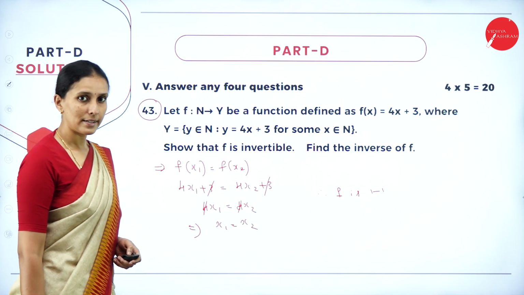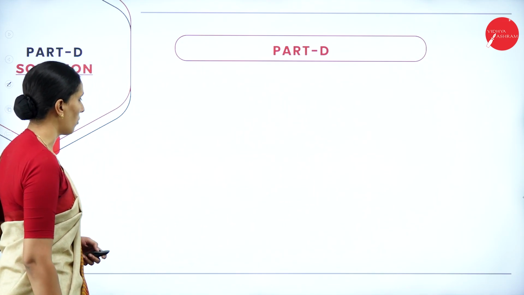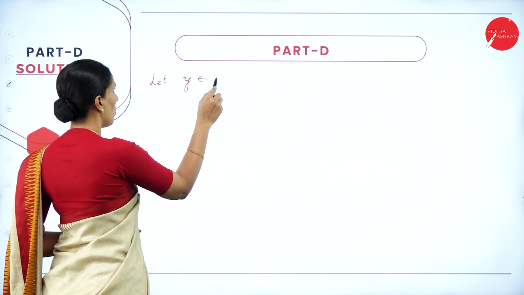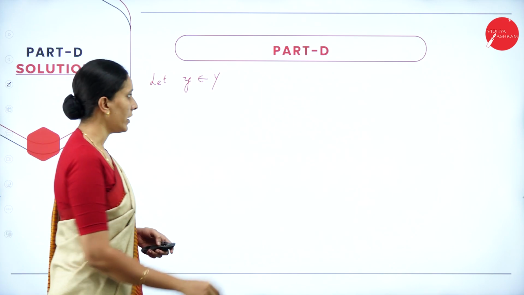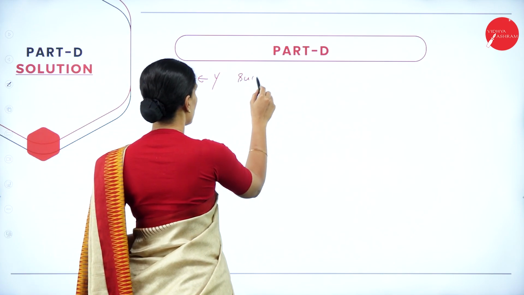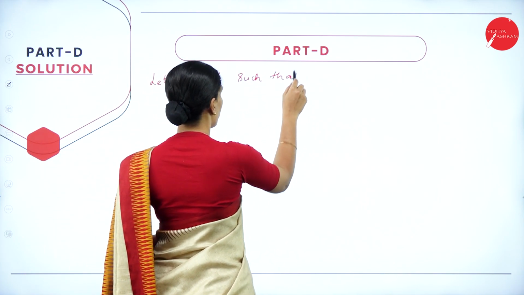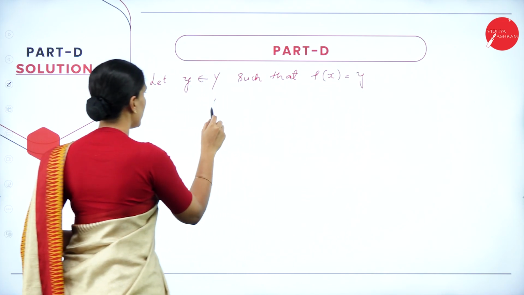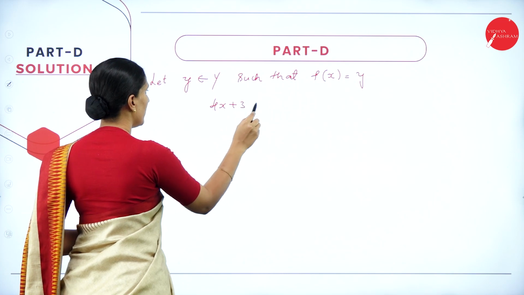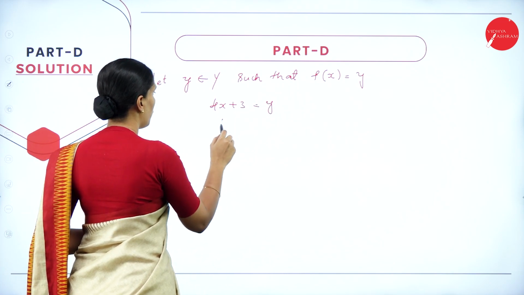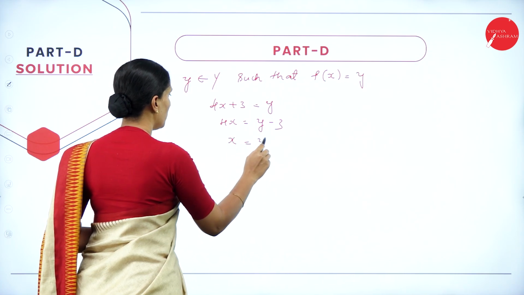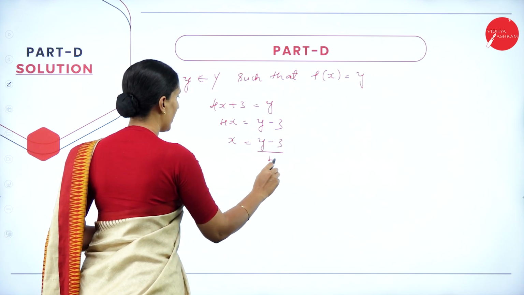Now let us see whether it is onto or not. Let y belongs to set Y such that f of x is equal to y. So which means 4x plus 3 is equal to y, 4x is equal to y minus 3, x is equal to y minus 3 divided by 4.